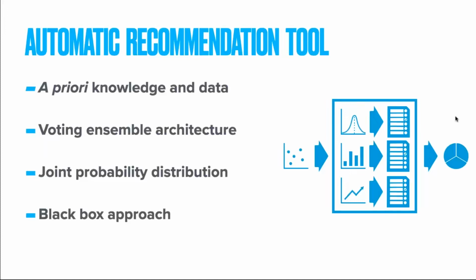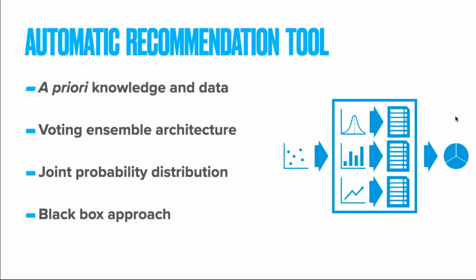And if you have another layer on top, this sort of Bayesian layer that looks which way the models are pointing, even if some of them have failed, it's not going to be swayed too much by them. And it creates a joint probability distribution of its best guesses about what the system is doing. And those are the ones that you try in the lab after it optimizes them.